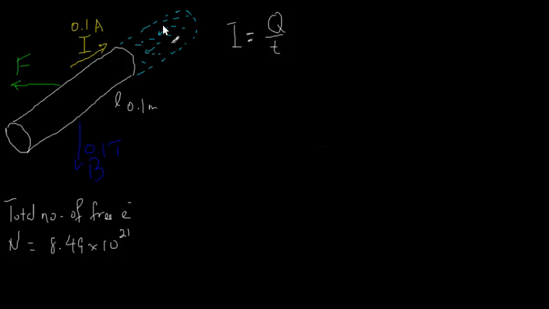Because when the electrons come and fill up this rod from just outside this end of the rod, it must mean that those electrons would have traveled this distance of 0.1 meter. And if I know the distance and time, I can find the velocity.